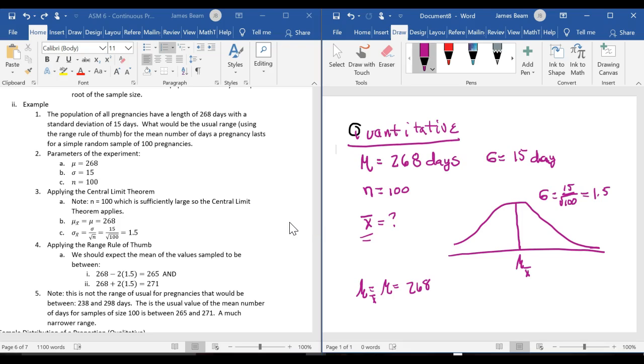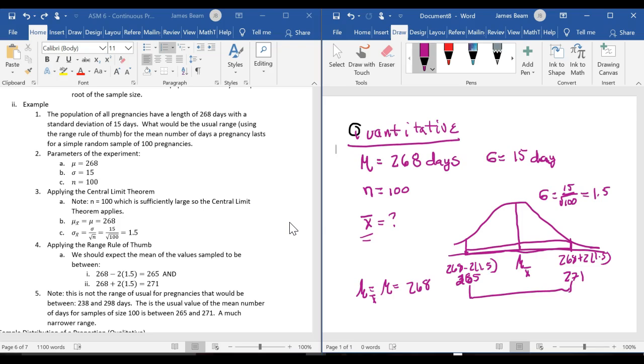So if I go out to 2 standard deviations, using my range rule of thumb, 4 standard deviations, 2 in each direction, this one should be 268 minus 2 times 1.5, which puts me at 265. This one should be 268 plus 2 times 1.5, which is going to be 271.